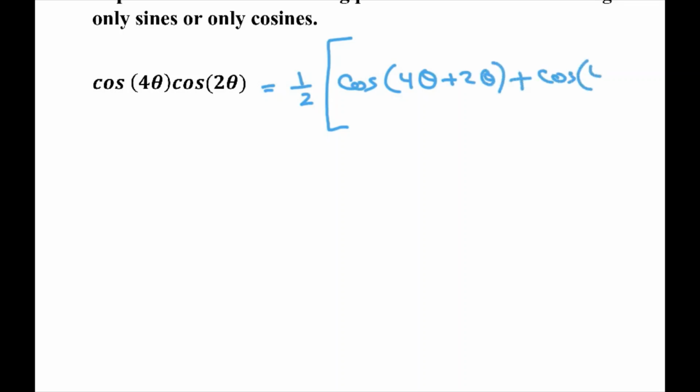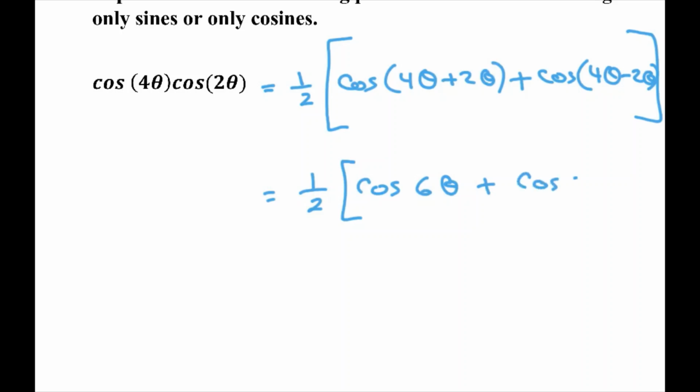So cosine 4 theta multiplied by cosine 2 theta will be equal to 1/2 cosine the sum plus cosine the difference, which is equal to 1/2 cosine 6 theta plus cosine 2 theta.